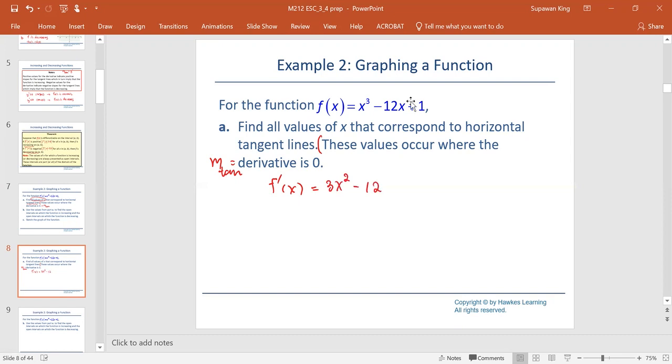For the horizontal tangent, where the slope is 0, we let f prime be 0 and then solve for x. Factor the 3 out. We have 3 times x squared minus 4 equals 0, or 3 times x minus 2, x plus 2 equals 0. We have two numbers, x equals 2 and x equals negative 2, where the horizontal tangent lines occur.